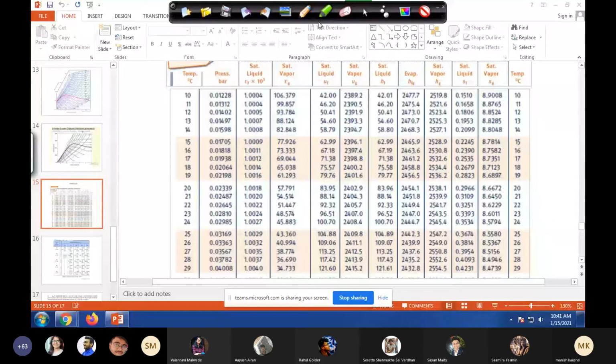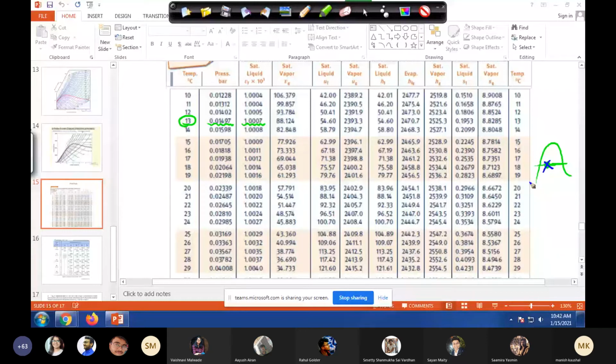So let's say if someone asks me at 13 degrees, and I am in this liquid-vapor regime, then pressure is fixed. And if you mark any point on this and want to know the specific volume, you need the saturated specific volumes, because any point in between is a mixture of saturated liquid and saturated vapor.